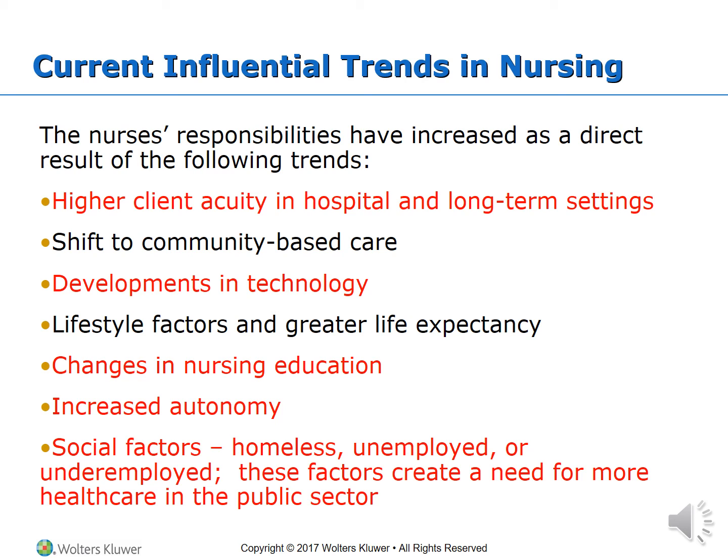The teaching role of nursing is emphasized to a greater extent, especially when we have to teach clients and family members how to operate this equipment. Lifestyle factors and greater life expectancies, because many people are living much longer and are more active and healthy into their later years than they used to be in past generations.